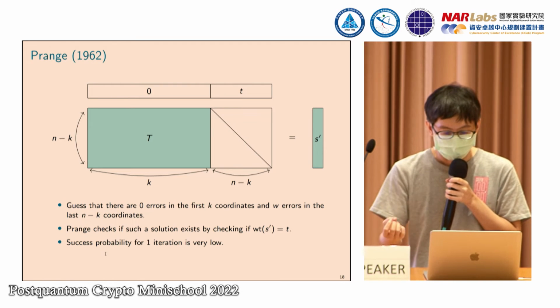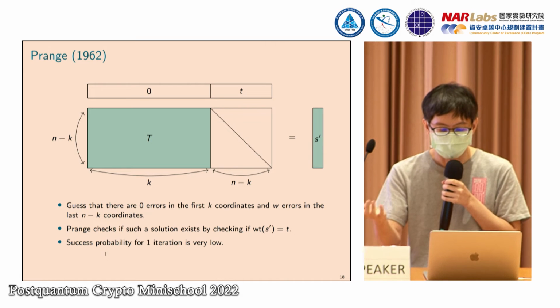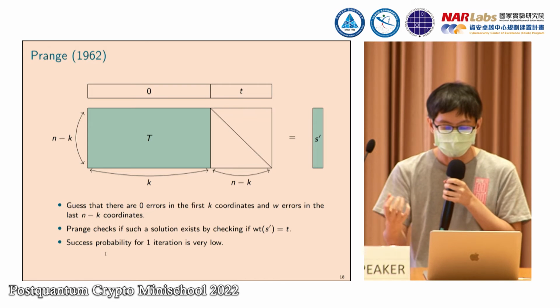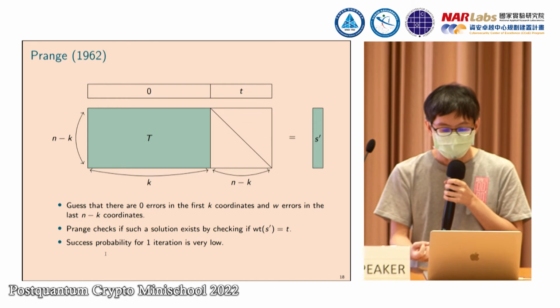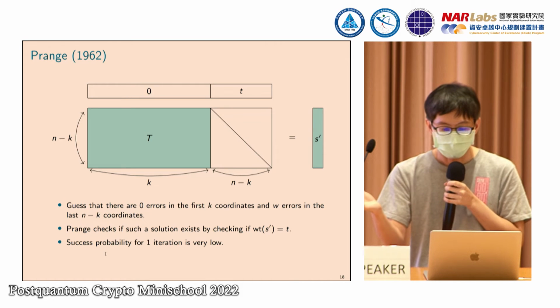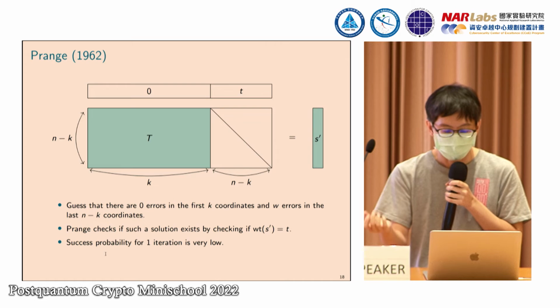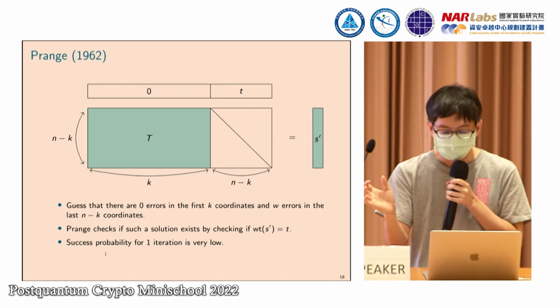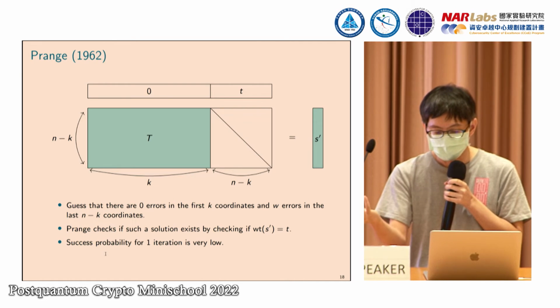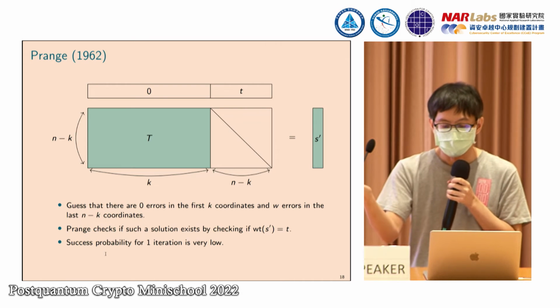So in each iteration, we try to compute this column permuted parity check matrix H prime. And then in order to see whether such a solution exists, we check if the corresponding syndrome S prime has weight equal to t.